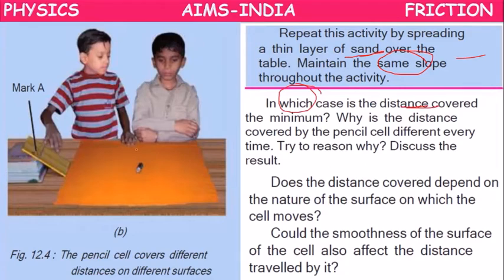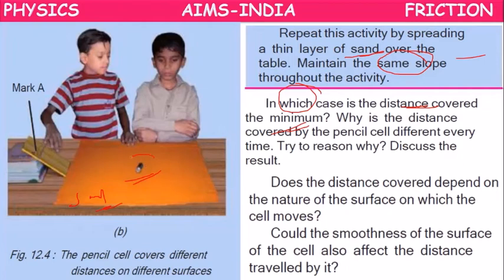In the sand, when we have rolled the pencil with sand on the table, the distance will be minimum. Why? Because the sand surface will be somewhat rough. Whereas when you have used cloth, the cloth will be smooth, so it might have rolled for a longer distance.